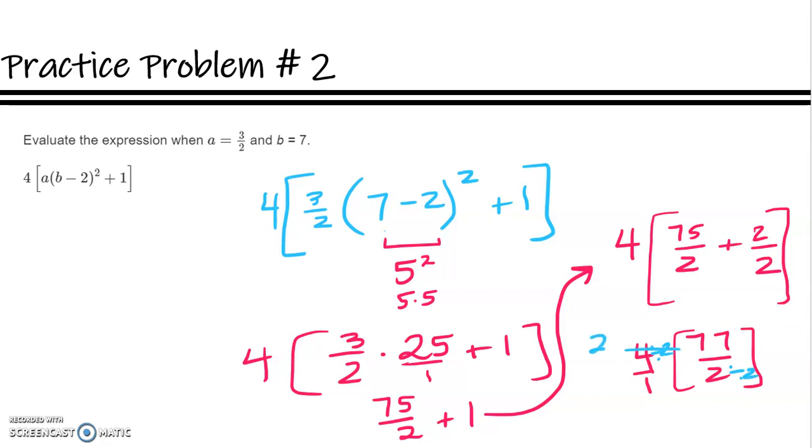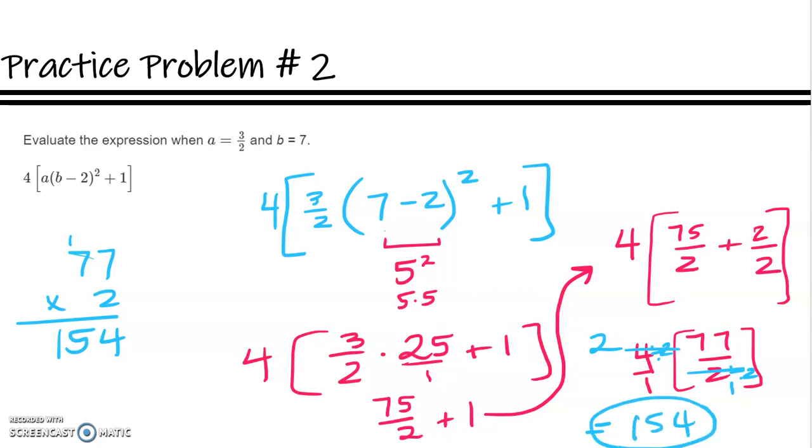So this becomes a 2. This becomes a 1. So my final answer is going to be 2 times 77 because 1 times 1 is just 1. 77 times 2, that's 154. So 154 should be your final answer.